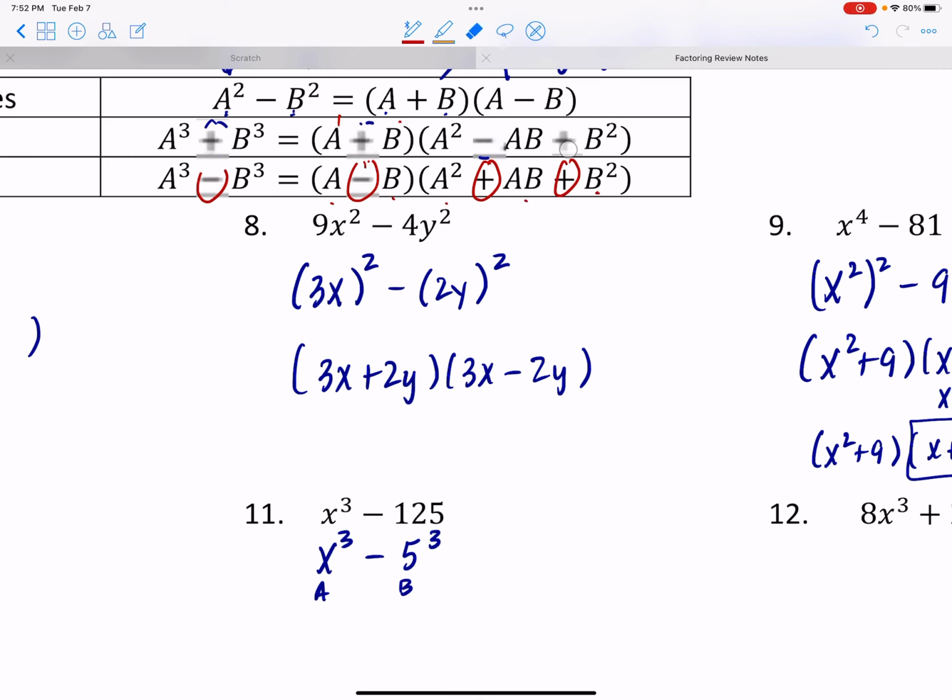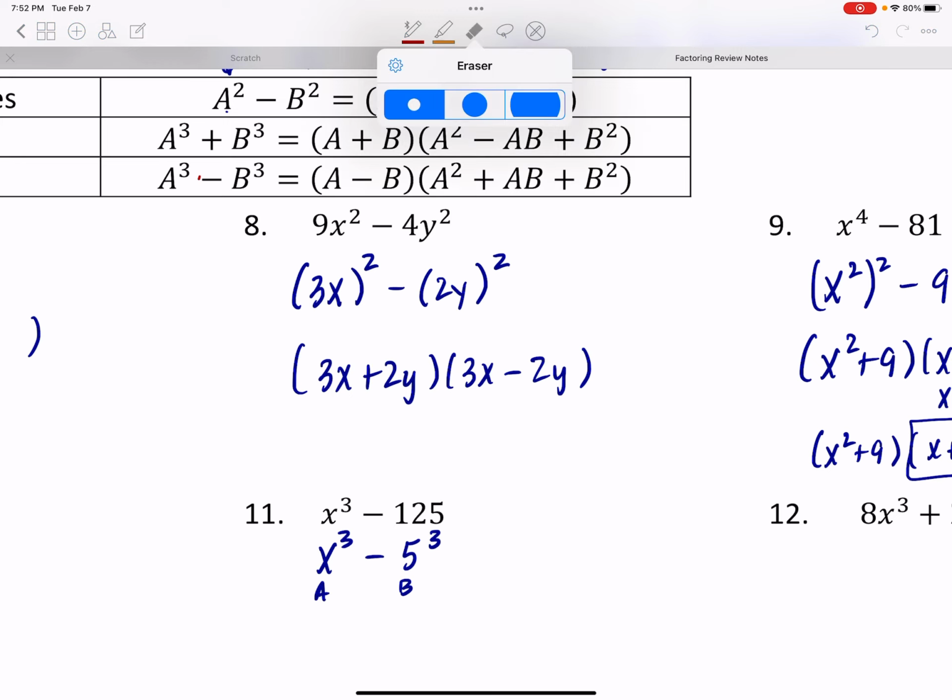So let's try to factor, and in this one I'm focusing on my difference formula. So if I know what a and b are, the bases of my cubes, again, my a and b, those are going to go into my binomial. So I know I'm going to start here with an x and a minus and a 5.